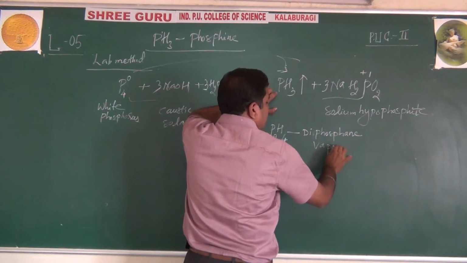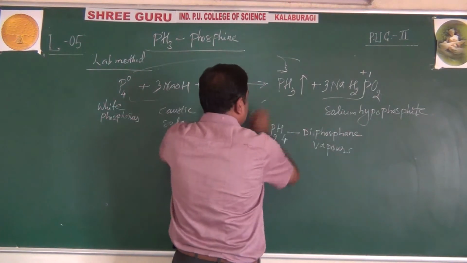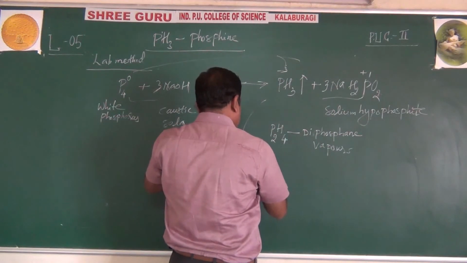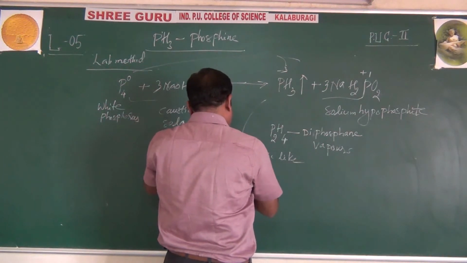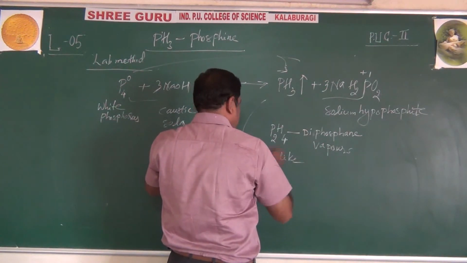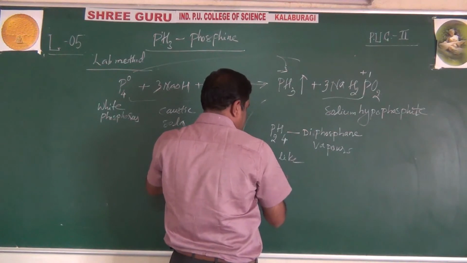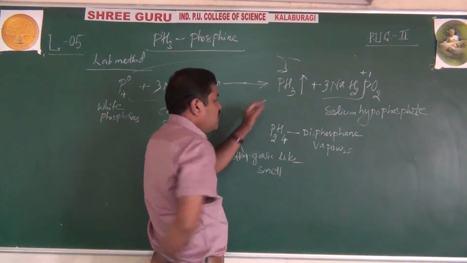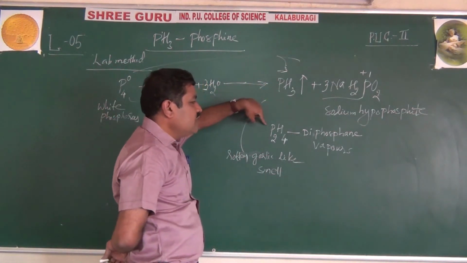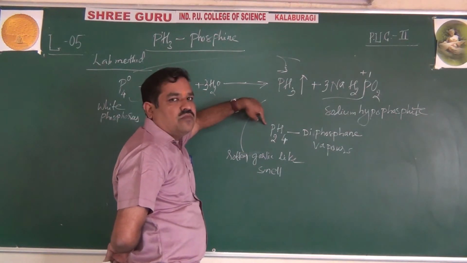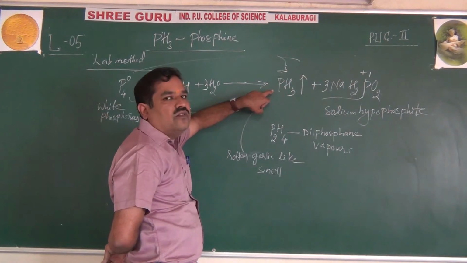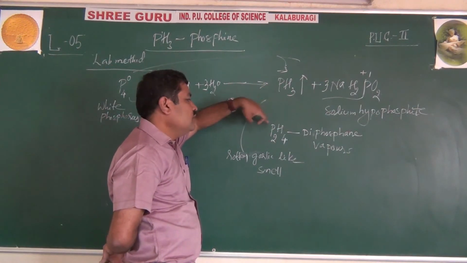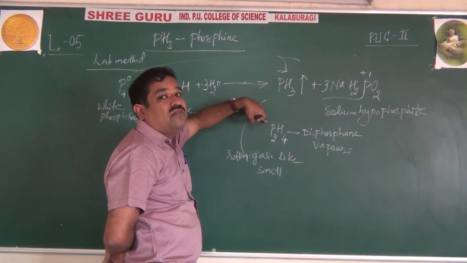Remember, it has a rotten garlic like smell in impure form. Why? Due to formation of diphosphine vapors. Very, very important for CET and for theory purpose. Suddenly impure phosphine forms diphosphine vapors and catches fire.